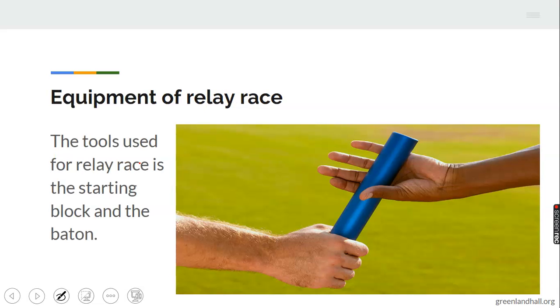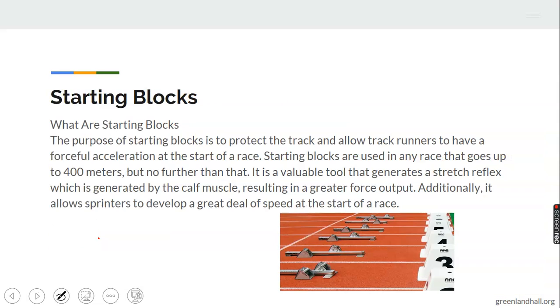Now let's take a look at some of the equipment of relay race. The tools used for relay race are the starting block and the baton. Those are the basic tools that are used. Okay, let's see the first one, the starting blocks. What are starting blocks?